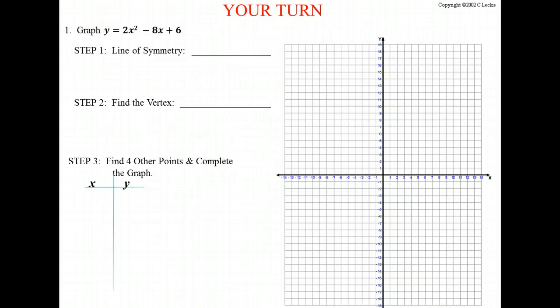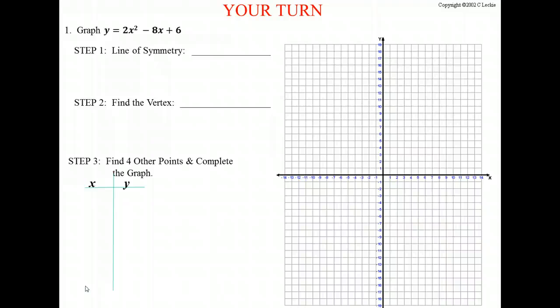Okay, your turn. Complete the next 2 problems on these slides. Make sure you follow the steps. Find the line of symmetry using negative b over 2a. Find the vertex by substituting our x value in from step 1 and solving for y.